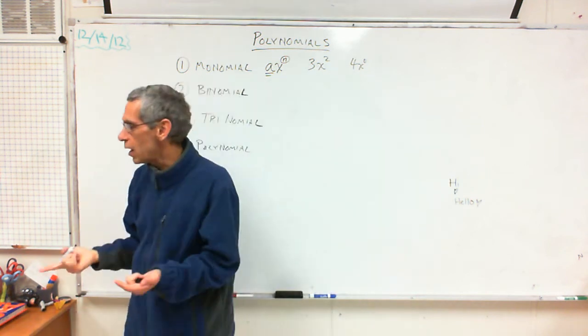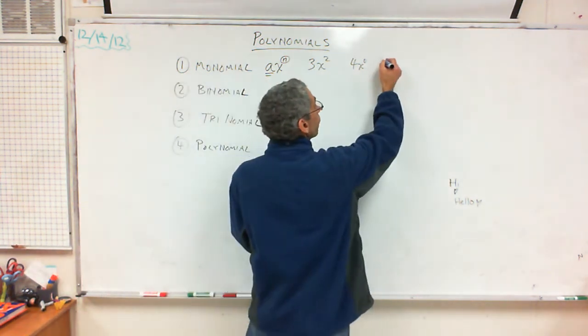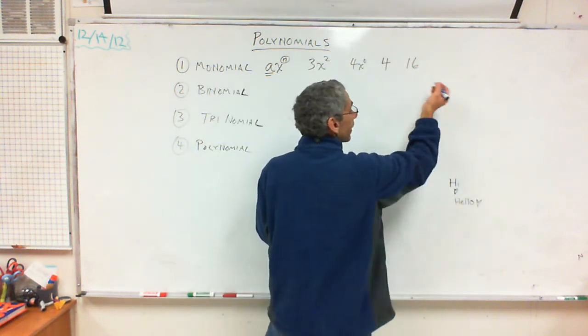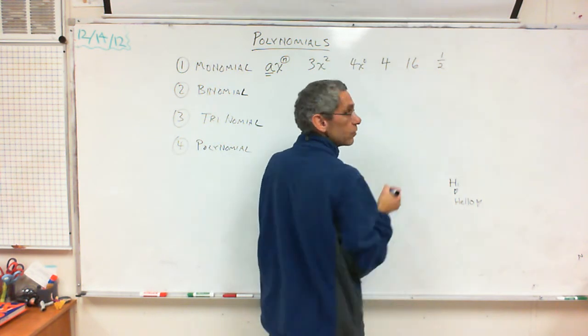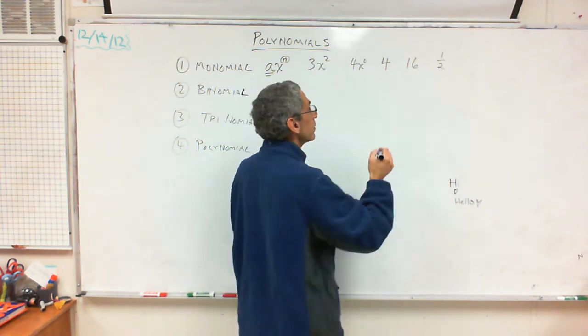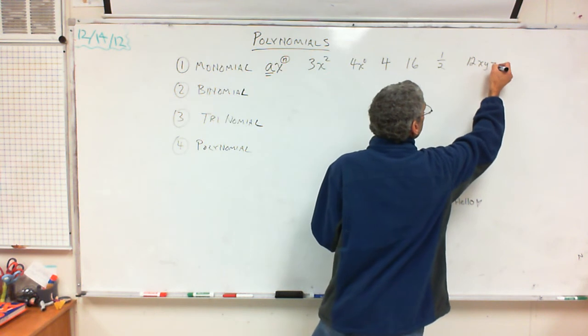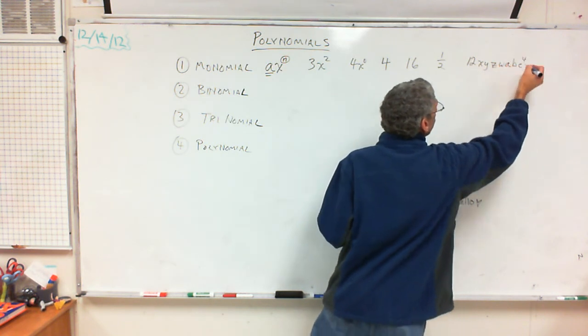X to the 0 is 1. Therefore, 4 times 1 is 4. So therefore, 4 is a monomial. 16 is a monomial. Any number is a monomial, right? I could do 1/2. That's fine. 1/2 is a monomial. As long as it wasn't 1 over x. It could be 12xyzwabc to the 4th, right?